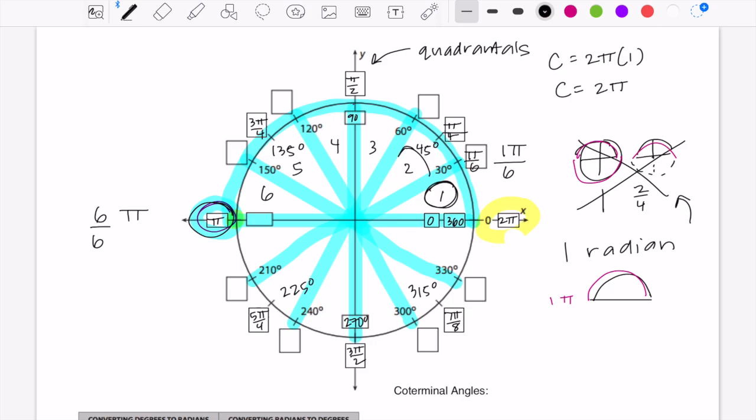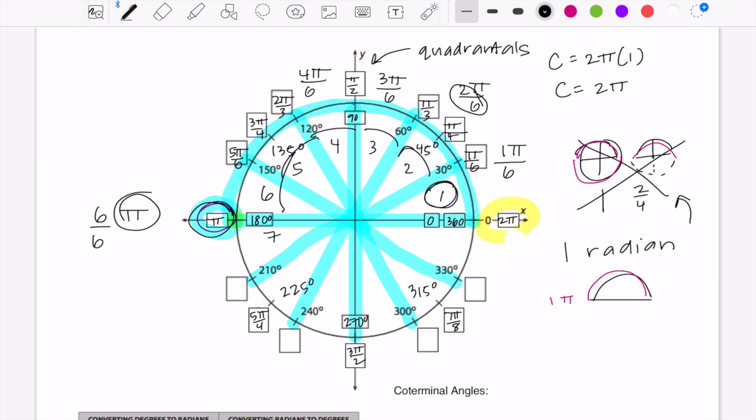This one is going to be 2 pi over 6, which is going to reduce to pi over 3. This one is going to be 3 pi over 6, which reduces to pi over 2. This one's going to be 4 pi over 6, which reduces to 2 pi over 3. This one is 5 pi over 6, which doesn't reduce. And this one is 6 pi over 6, which reduces to just pi.